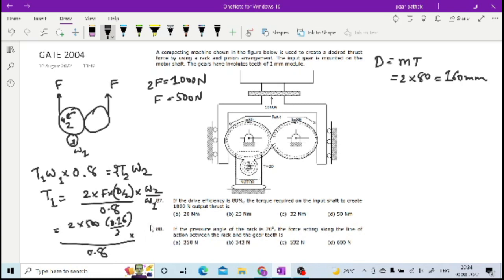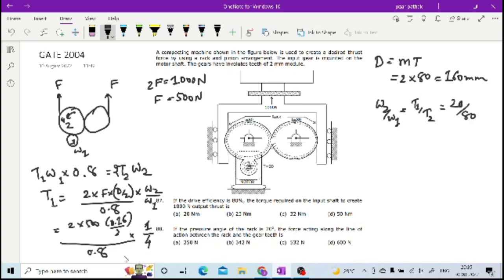Now omega 2 by omega 1 again can be calculated from the ratio of teeth, right? T1 is given as 20, T2 is given as 80. So omega 2 by omega 1 is nothing but 1 by 4.